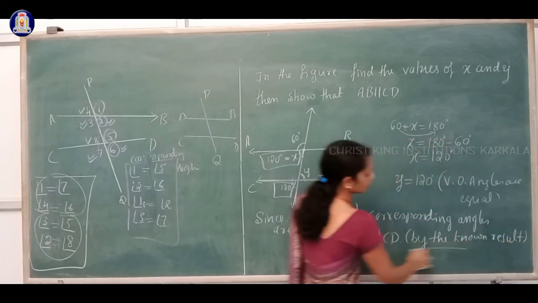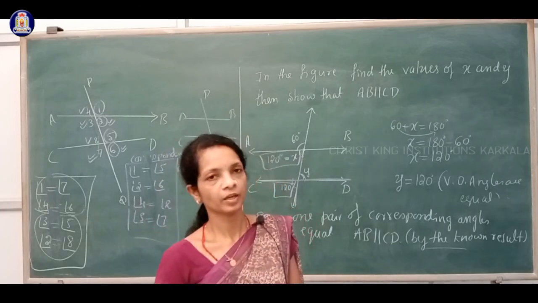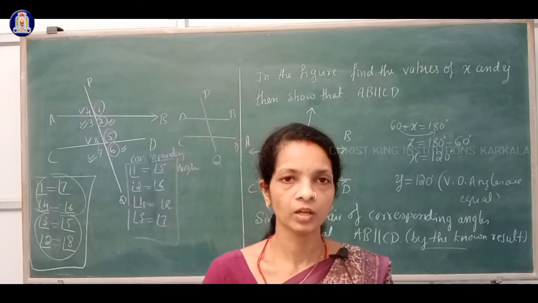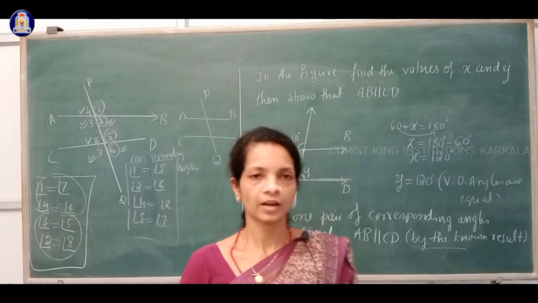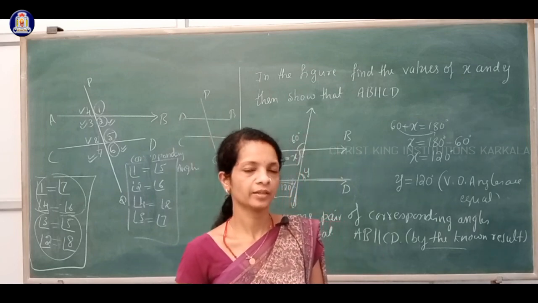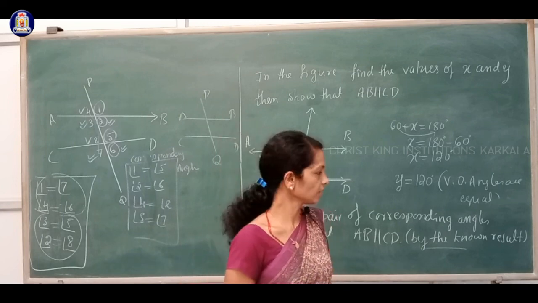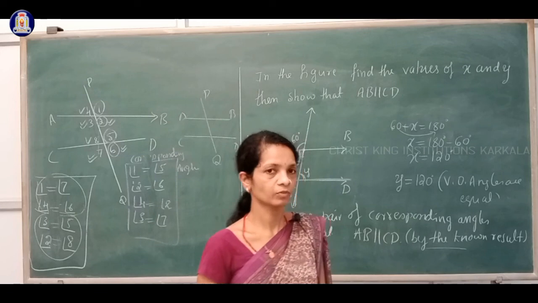If you don't remember, then you write like this, by the known result. Which result? If a pair of corresponding angles are equal, then the lines are parallel. If two lines are cut by a transversal and a pair of corresponding angles are equal, then the lines are parallel. That result we used here.